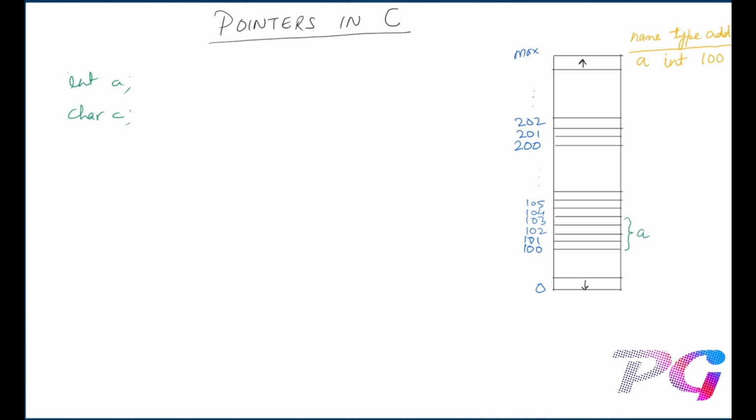Similarly, when we declare another variable c that is of character type, say the memory address 104 is allocated to c. So in the lookup table it will be stored as c, the type is character and the starting address is 104.